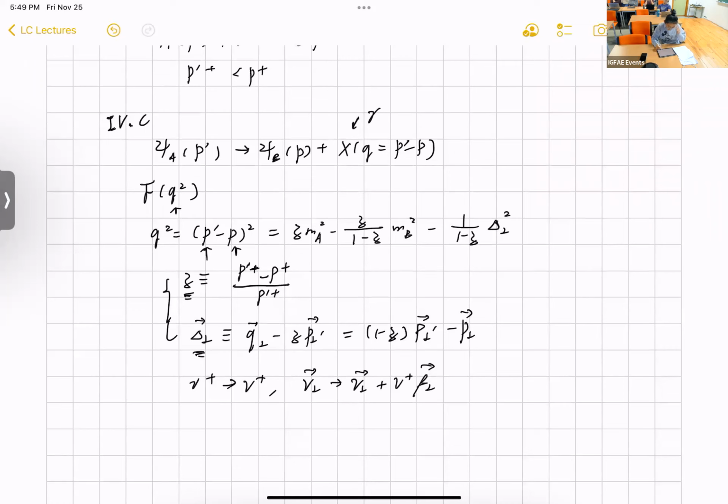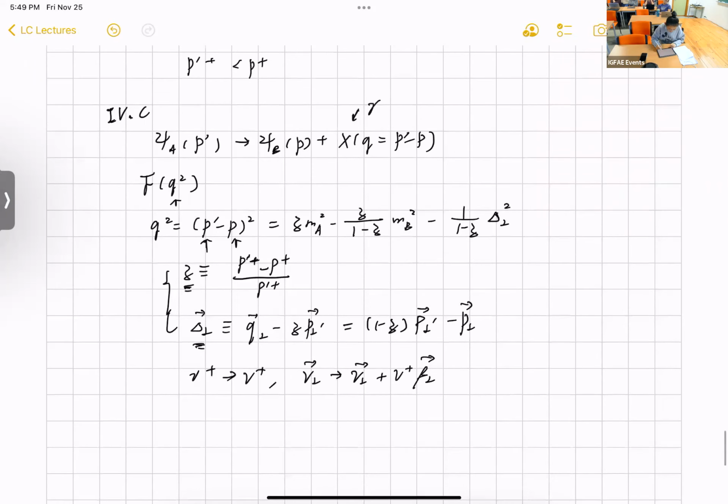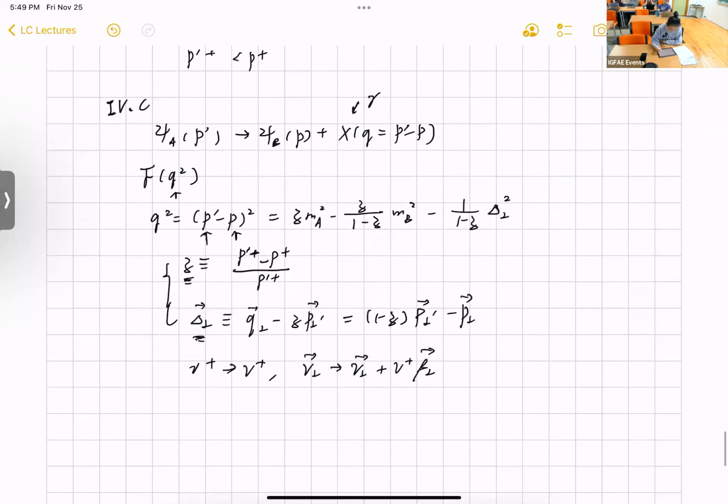Okay, so this is just a way to classify the frame. You can think about Q as the momentum transfer between the initial meson and the final meson. And if you picture it three-dimensionally, there are actually different ways to have a specific amount of momentum transfer.